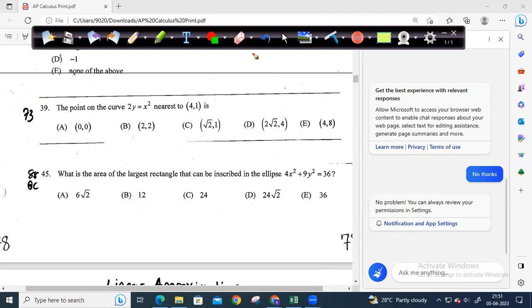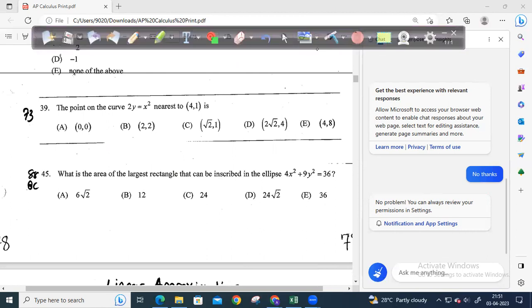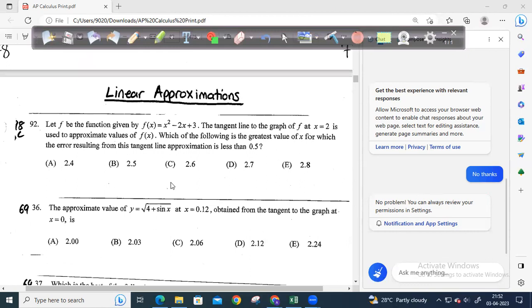Now next is linear approximation. Linear approximation is the same as the equation of a line.